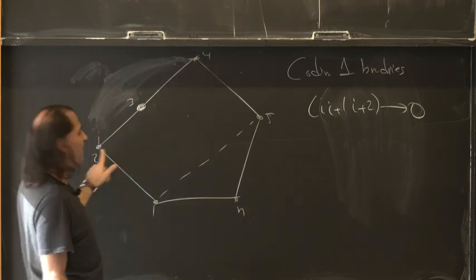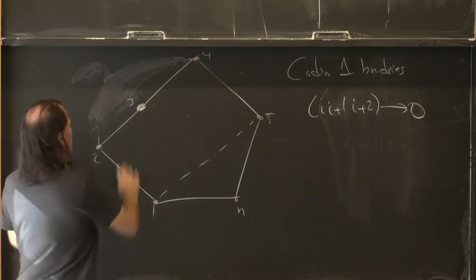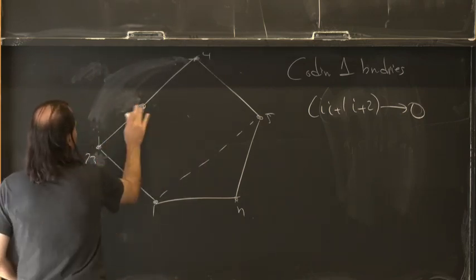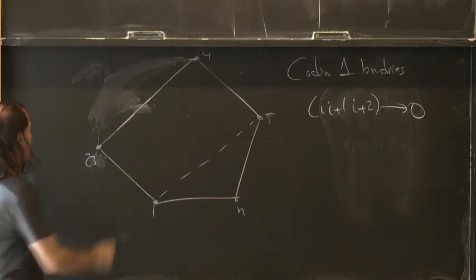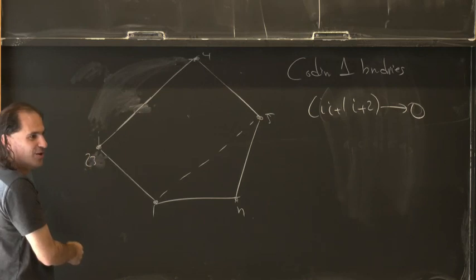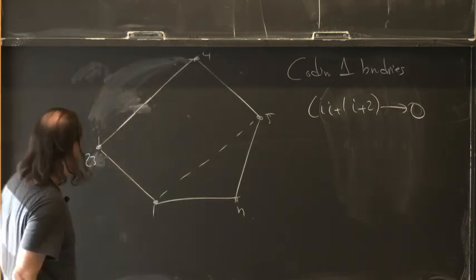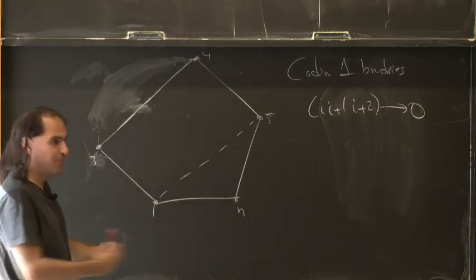I could take 3 and slide it on top of 2. Okay, let's say I've done that. So this is now another boundary. I have 2 on top of 3. So this is a 1 lower dimensional boundary. Now I could delete 2, or now I could delete 3. Okay, so once the points are on top of each other, I can delete one or the other. Okay, and keep going.